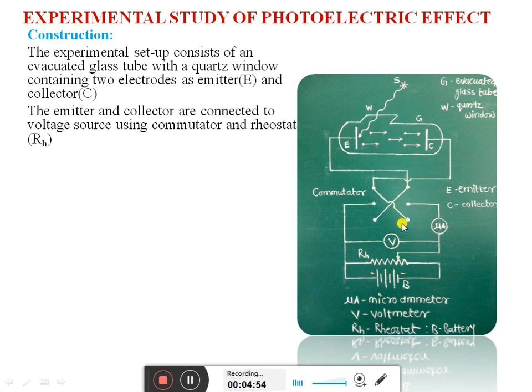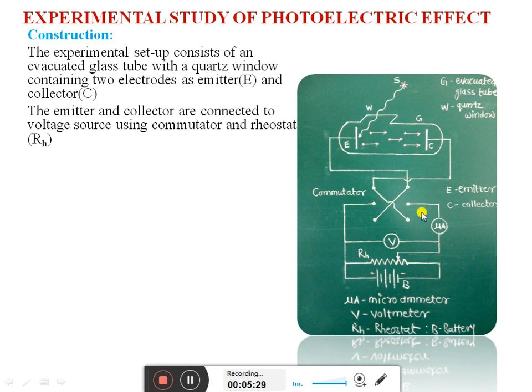In another condition, if we pull this commutator key in the upward direction, this dot gets connected with this position and this dot is connected to this dot. At that time it is clear that the emitter is connected to positive potential and the collector connection will be given to negative potential, meaning we can change the connection of the battery to this emitter and collector using this commutator key. That is the working of the commutator.